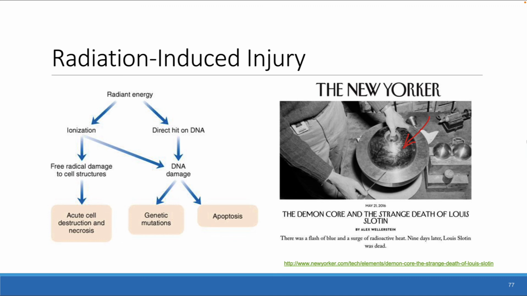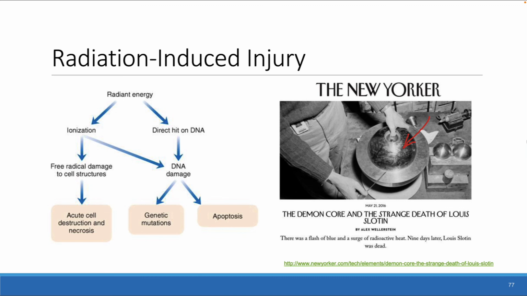Saw a flash of blue light, and there was a surge of heat, and 9 days later he was dead. It's a fascinating, well, not fascinating, terribly interesting article about how ionizing radiation can result in cellular damage.